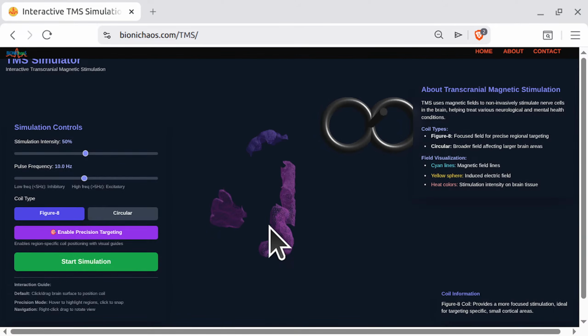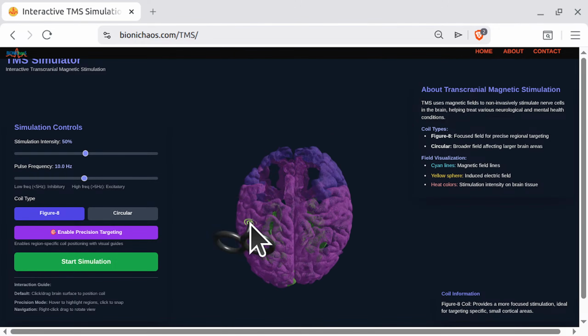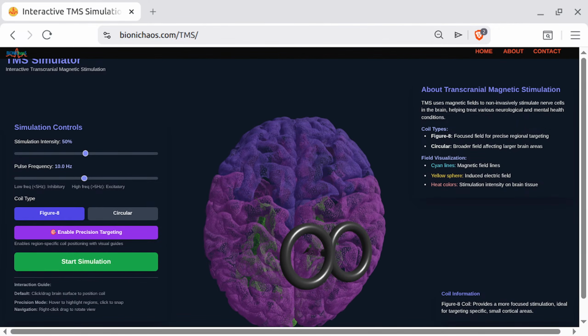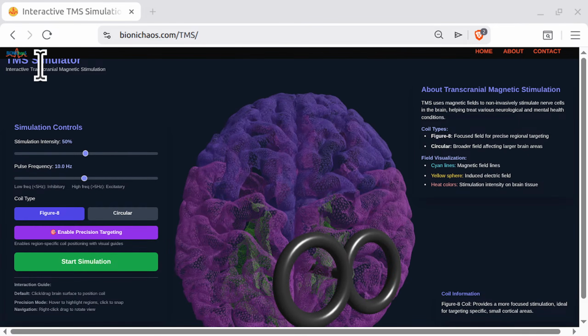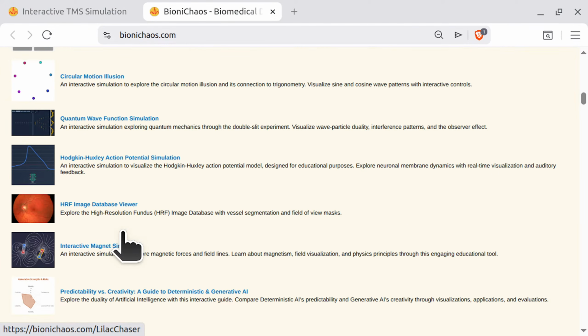We used it for the TMS, the transcranial magnetic stimulation. This tool should be a way of rotating the brain. Did I lose any frames when loading the tool? No. Well, that's good.